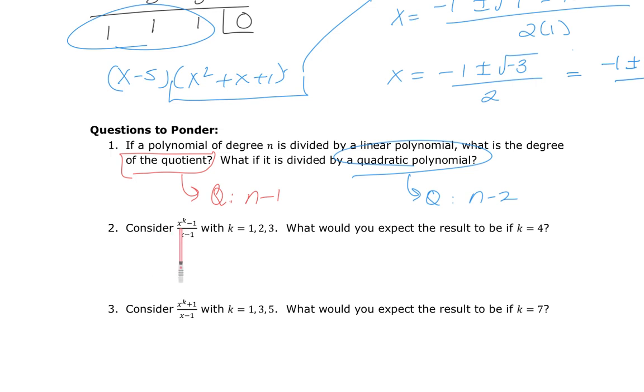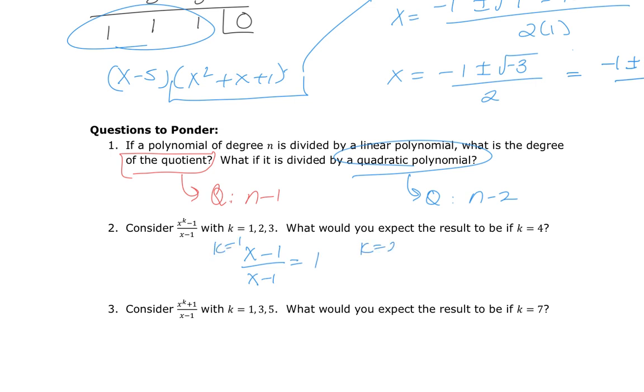If we consider x to the k minus 1 divided by x minus 1, where k is 1, 2, and 3, what would you expect the result to be if k equals 4? Well, we know that if we have x minus 1 over x minus 1, this is 1. This is when k is equal to 1.